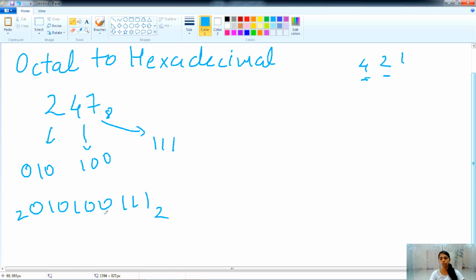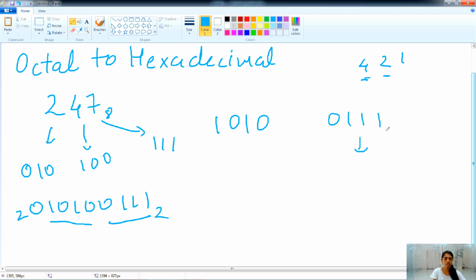Now we have to convert this binary number into a hexadecimal number, and then we will get our hexadecimal number. For that, we have to group it into groups of 4 digits; the leading 0 doesn't matter anyway. So we have 1 0 1 0 and 0 1 1 1.